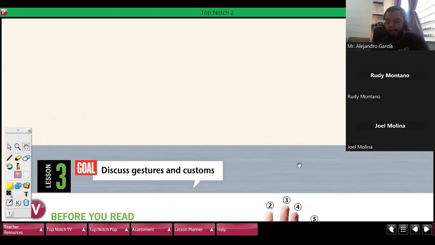What is gestures? What is customs? Anyone? Gestures and customs. Any idea what is that? Maybe costumbres. Aha, costumbres, customs. What about gestures?